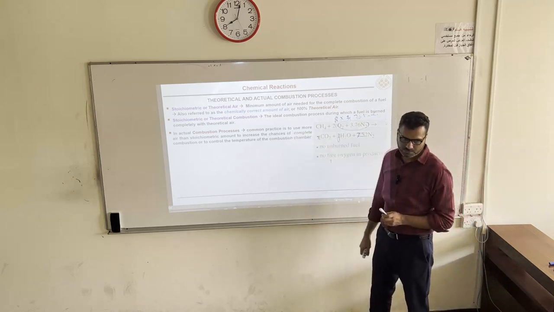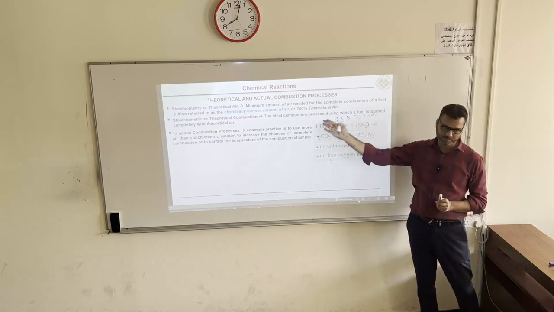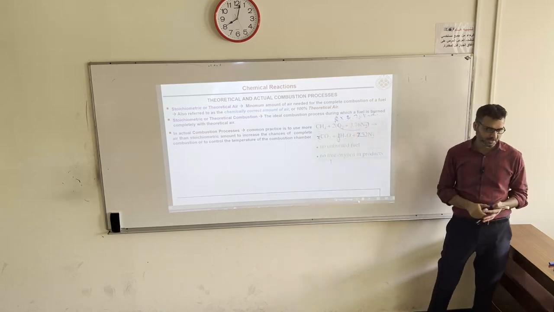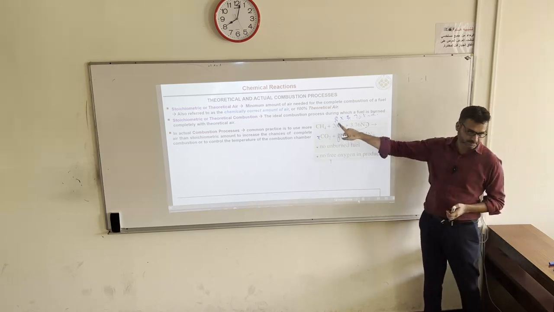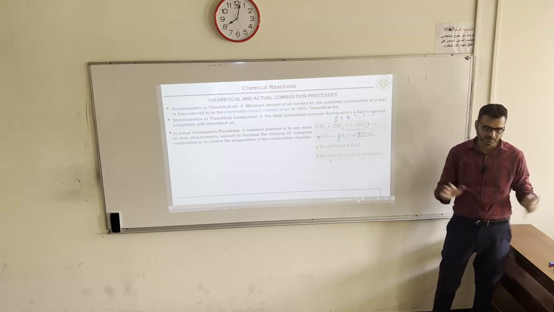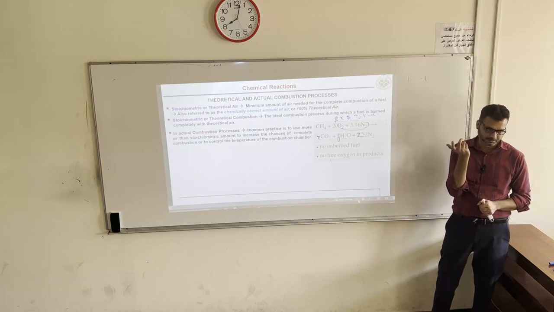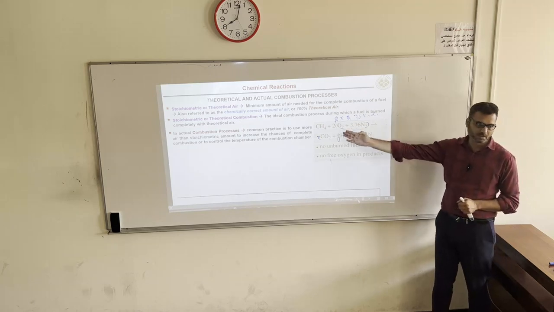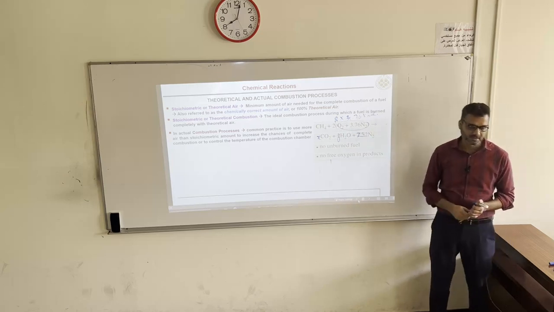In actual combustion, that is the minimum amount which we have calculated from the chemical balance. In reality, you supply a little larger amount, to ensure that the combustion will be complete, and of course there will be some unburned oxygen and nitrogen appearing in the exhaust gases.